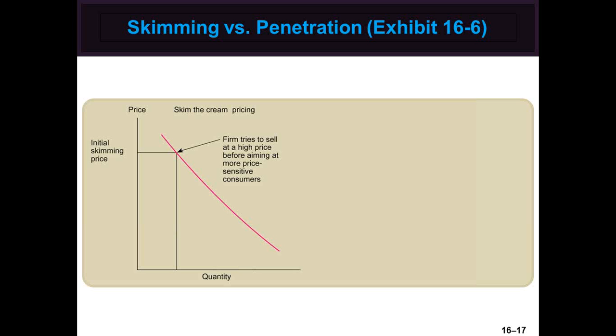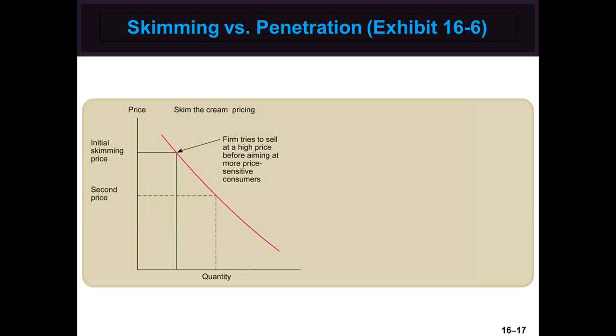Skimming has critics who charge that this policy should not be used for products such as prescription drugs that have important social consequences. But on the other hand, the profit generated from this strategy provides the firm with an incentive to pursue other breakthrough opportunities.